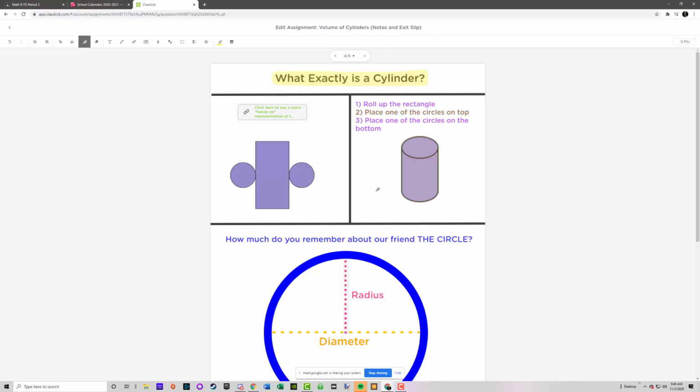All right. Let's ignore all of this down here, and let's just focus on what exactly is a cylinder. Well, you guys should be familiar with objects in real life that are cylindrical, or in the shape of a cylinder.